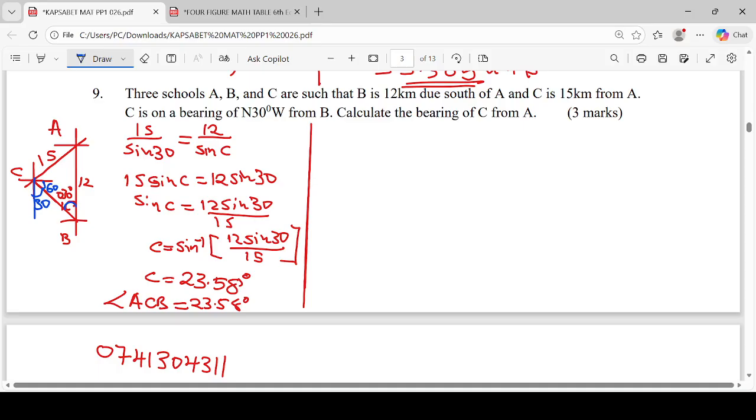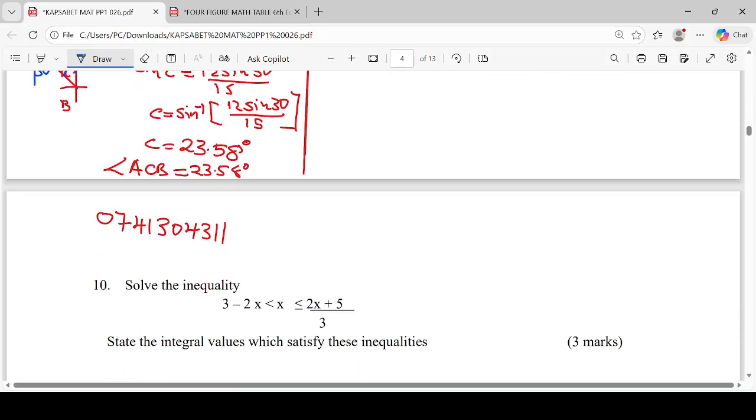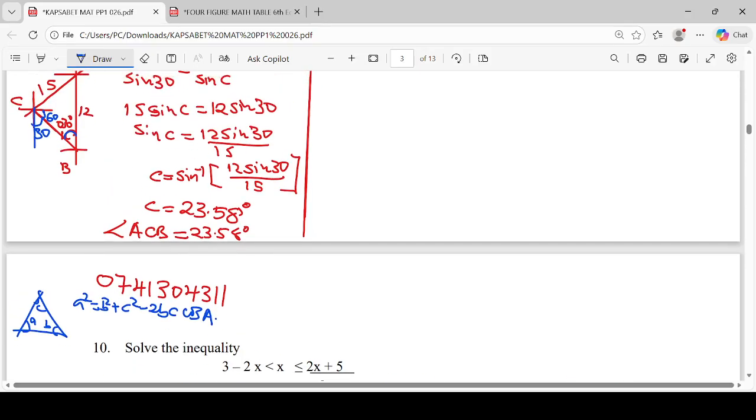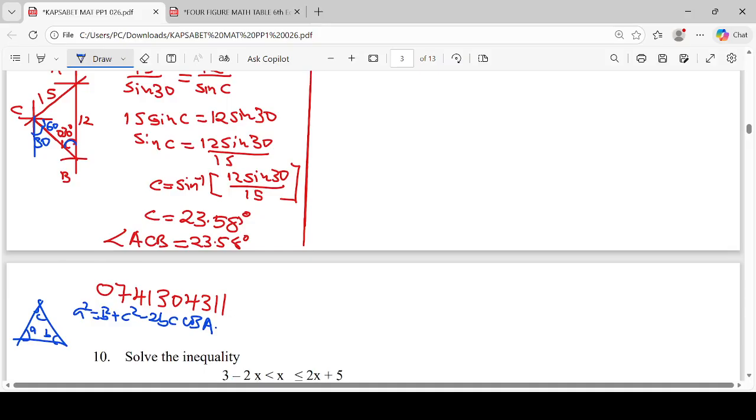Because let me just give maybe a slight sketch here. When you have maybe something here, angle A, B, C, we normally say a squared is equal to b squared plus c squared minus 2bc cos A. So if I say b squared is equal to a squared plus c squared minus 2ac cos this.